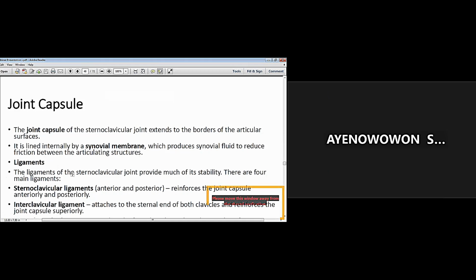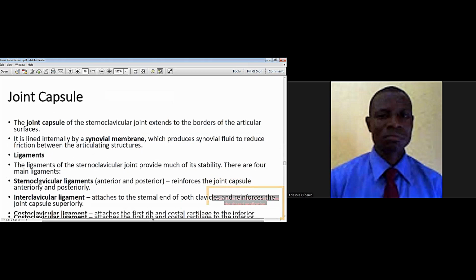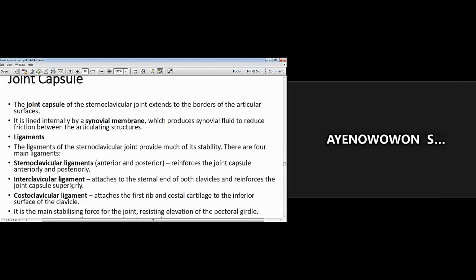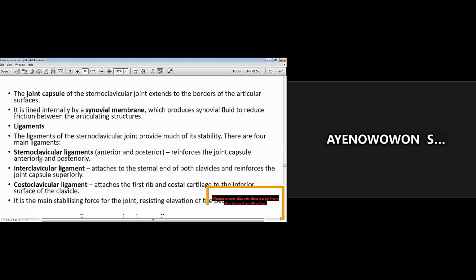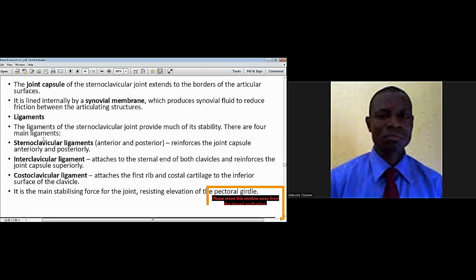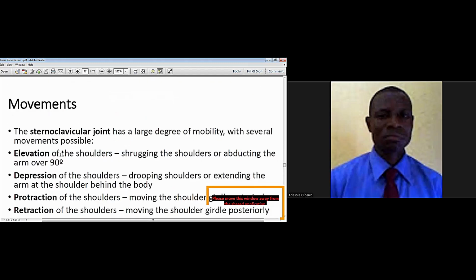There are four main ligaments that I've mentioned: the sternoclavicular ligament, the interclavicular ligament, and the costoclavicular ligament. All of these keep the clavicle down and stabilize it.